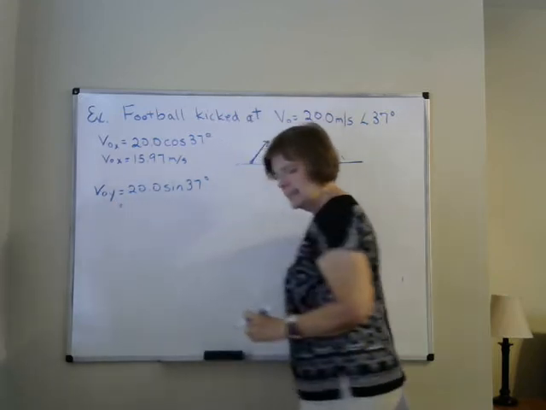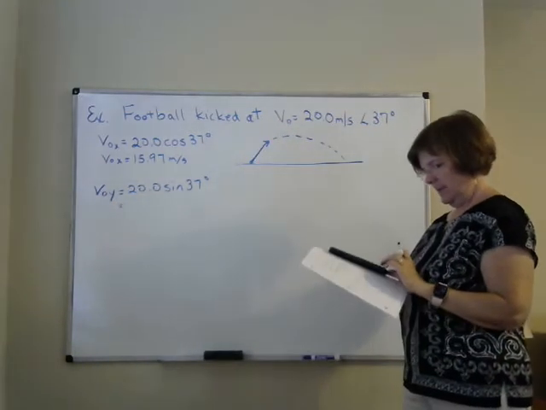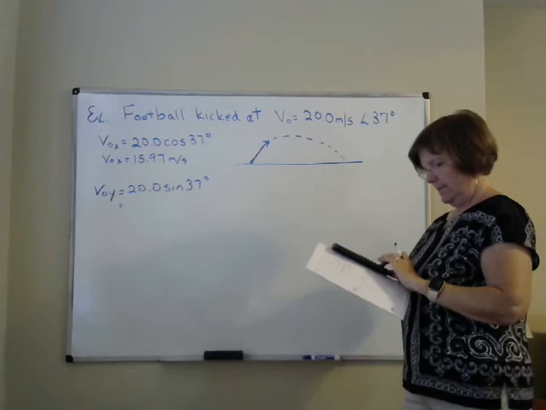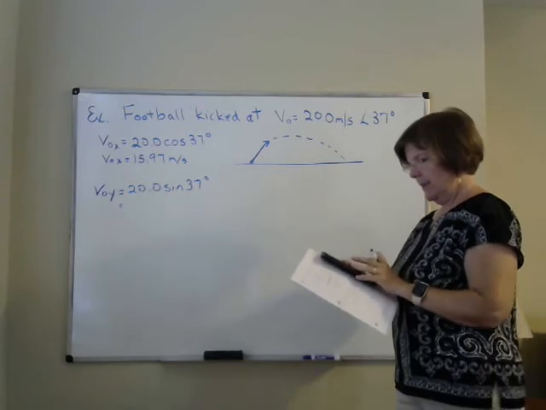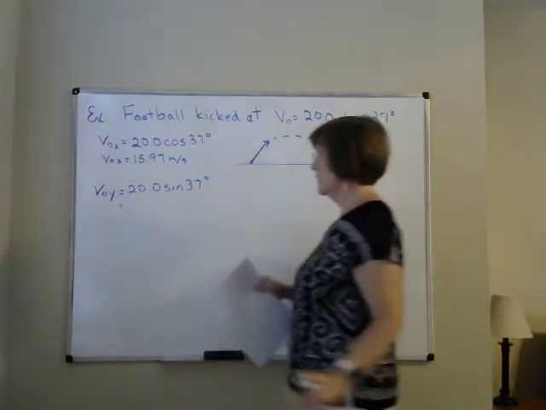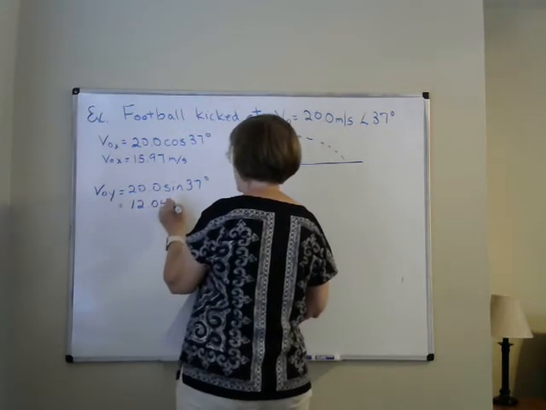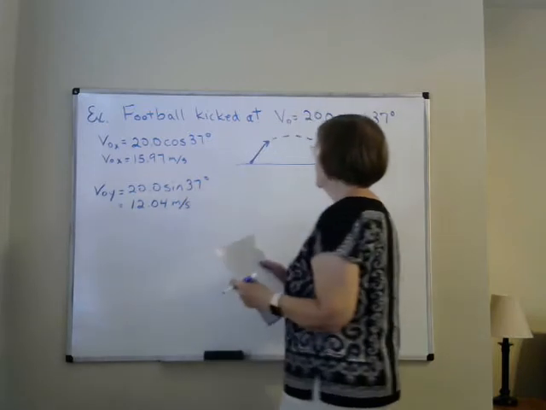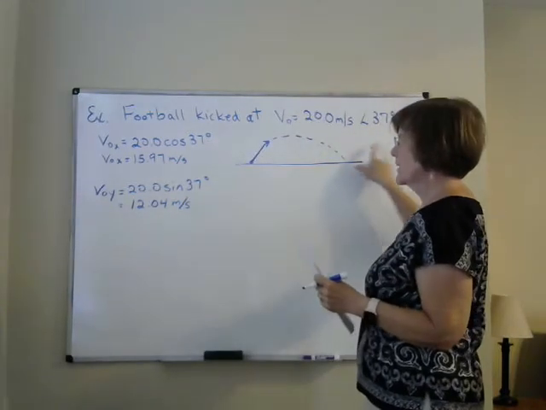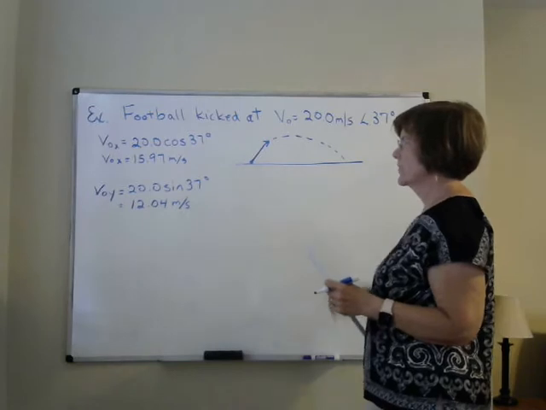I do 20 sine 37, and it comes out to be about 12.04. That makes sense. We're kicking at 37 degrees, so we're kicking it more horizontal than we are vertically.